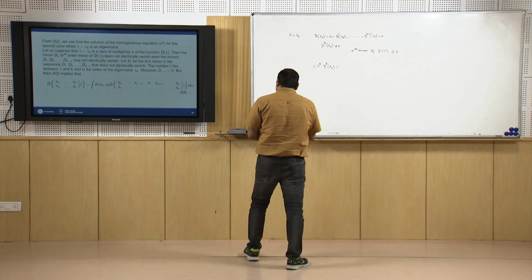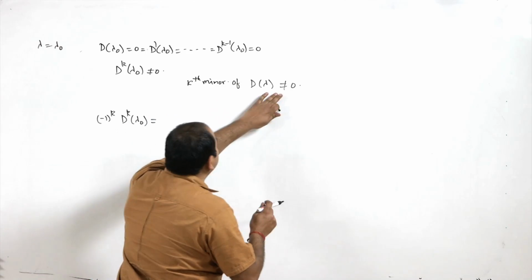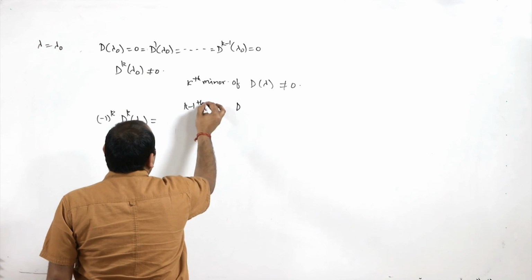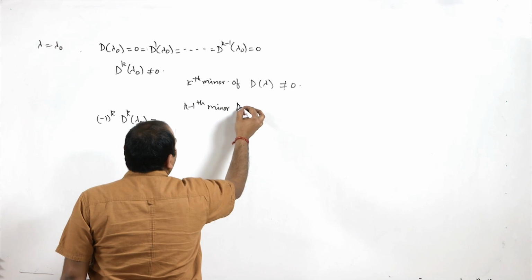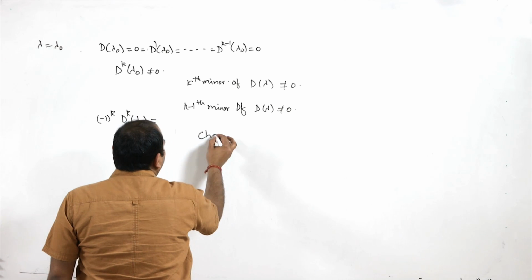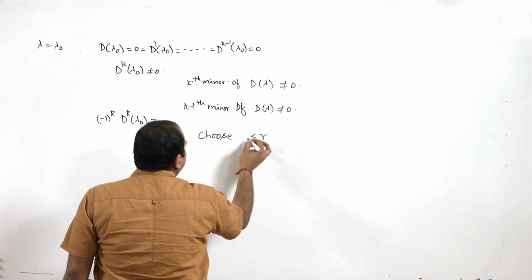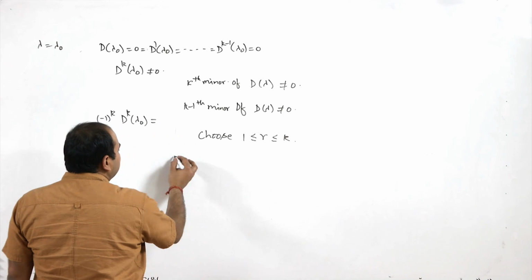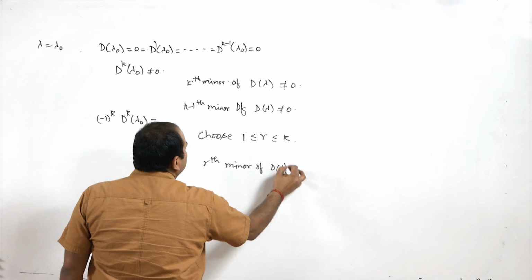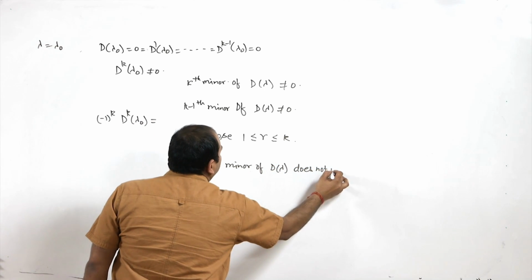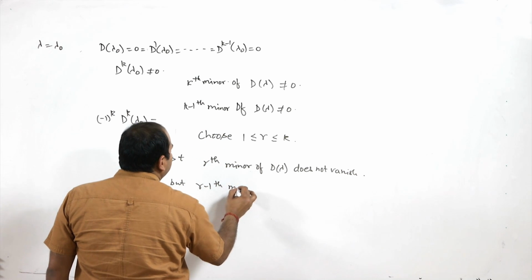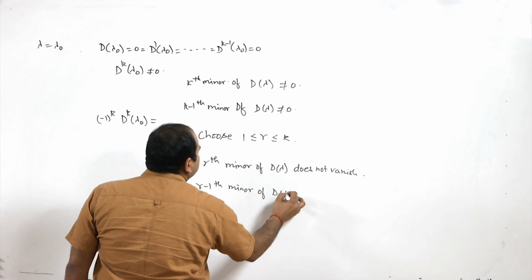So we can choose r between 1 and k such that the rth minor of D(lambda) does not vanish, but the r minus 1th minor of D(lambda) is equal to 0.